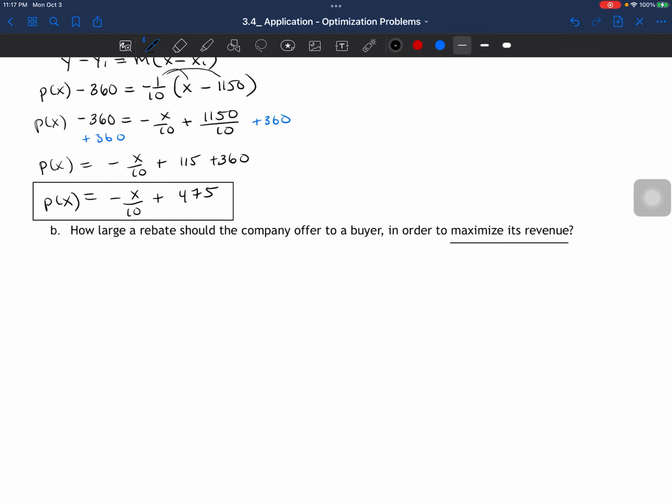Okay, so we need to maximize what? Revenue. Are we given revenue? We're not given revenue. But we know that revenue is quantity times your price. So we know what x is, it's x, and the price is the demand function.